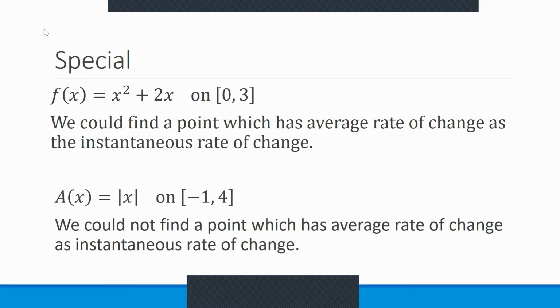Well, with the f of x, we could find a point whose average rate of change was the same as the point's instantaneous rate of change. But for the a of x, we could not. We could not find a point where the average rate of change over the interval was equal to an instantaneous rate of change at a specific point.